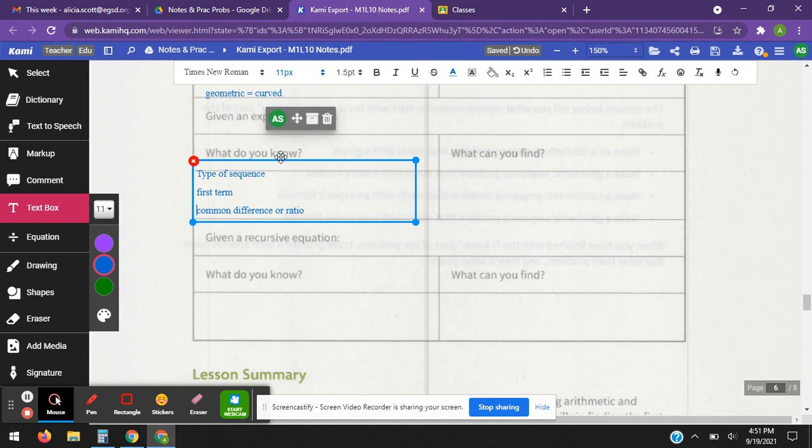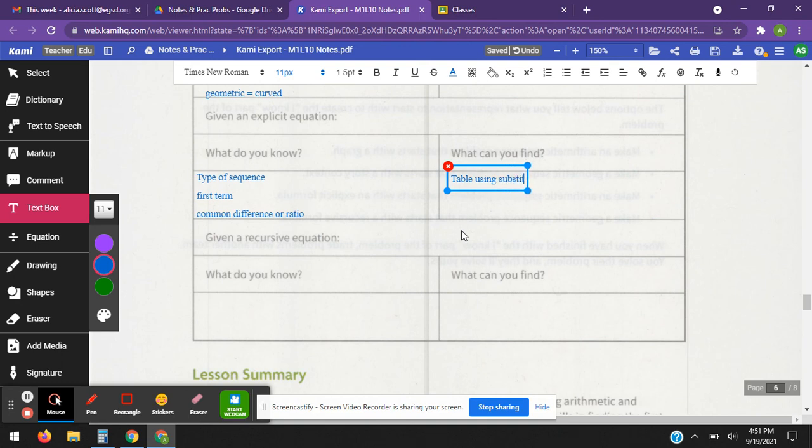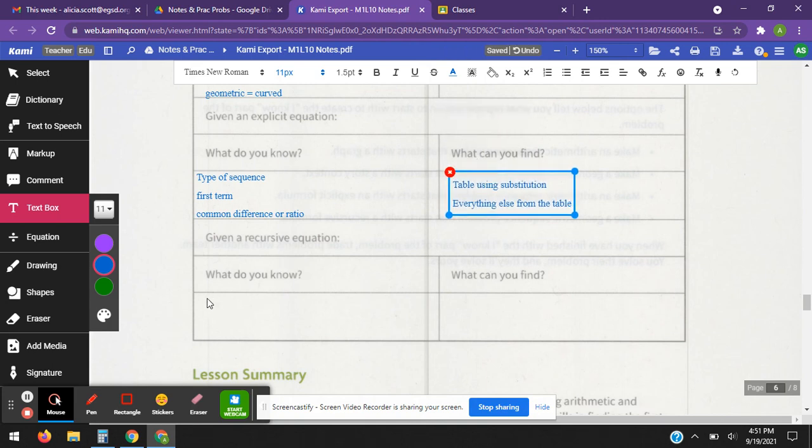What can you find? We can find a table using substitution and then everything else from the table, right? Tables really are the most useful to us. We can really find everything with the table.